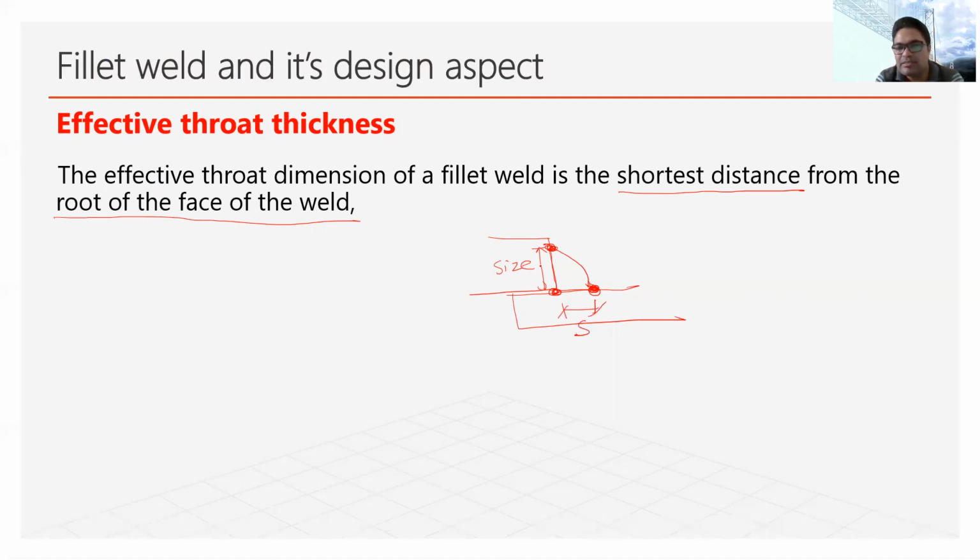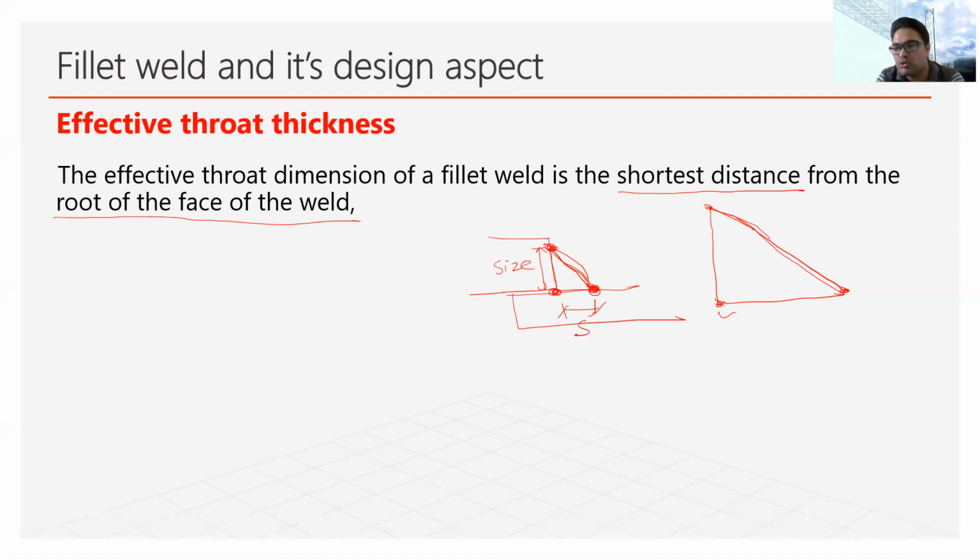For throat thickness, we generally consider the triangular part only. So if we consider the triangular part, from the root to the toe, similarly here from the root to the toe, which will be the shortest path? If we consider this whole toe line, from the root, which path will be the shortest one?